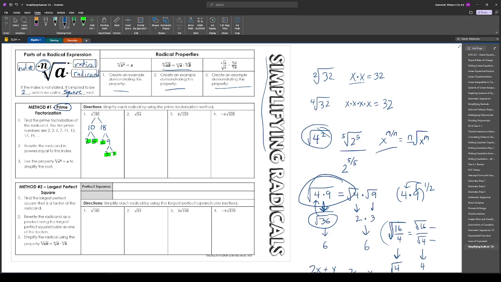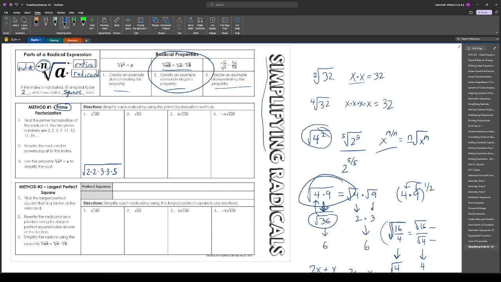So once we have these, we can think of this 180 instead as being 2 times 2 times 3 times 3 times 5. The reason that's useful is the property we looked at over here in number 2. So I'm going to erase this tree because we've seen it and we need space.